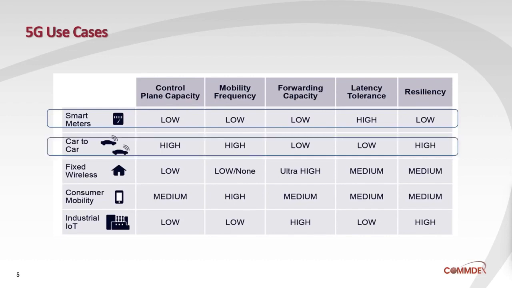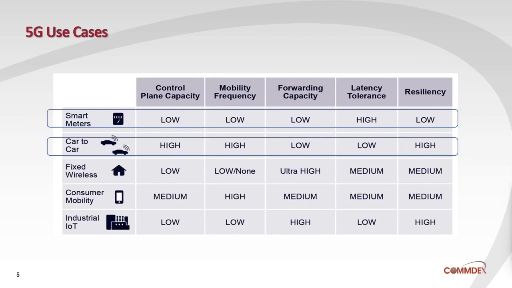5G can facilitate vehicle-to-vehicle and vehicle-to-infrastructure communication, enabling a safer and more efficient transportation. Car-to-car communication requires moderate to high capacity to exchange real-time traffic data, vehicle status information, and safety information. Cars are mobile, and high-speed mobility support is crucial for seamless communication between vehicles on highways and urban areas.